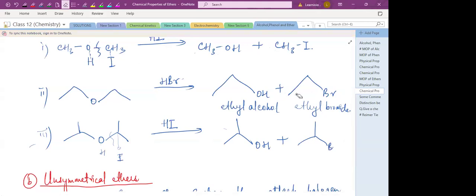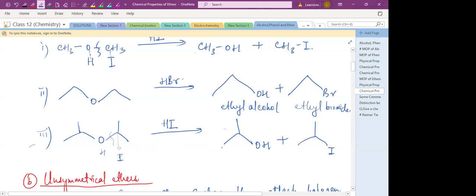What will be the name of this product? The iso group, isopropyl. So when you see this type of Y shape, it's the iso group.